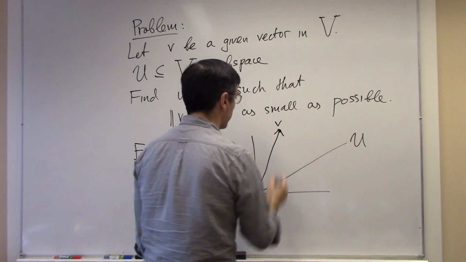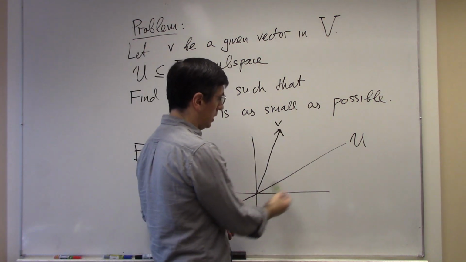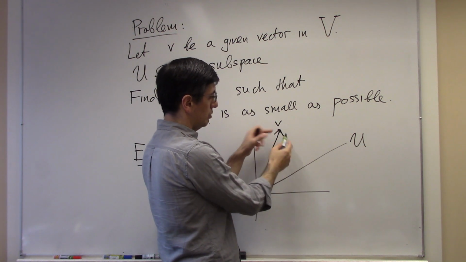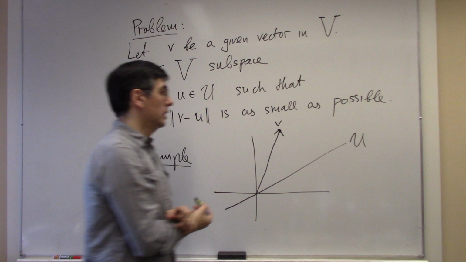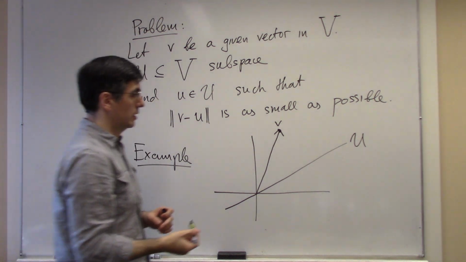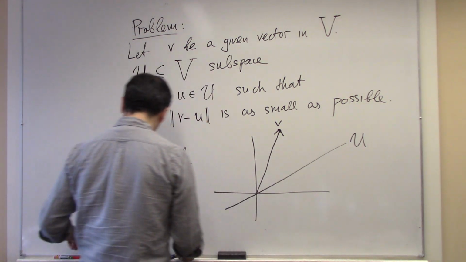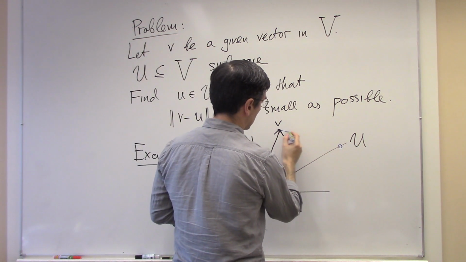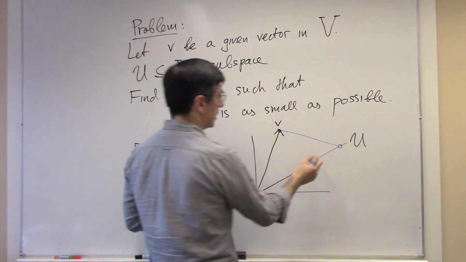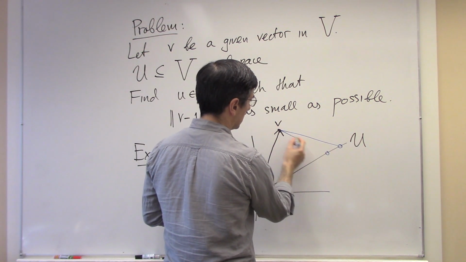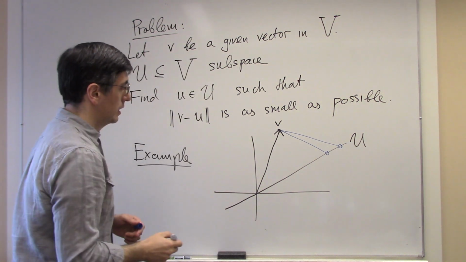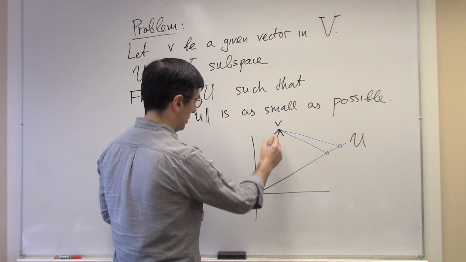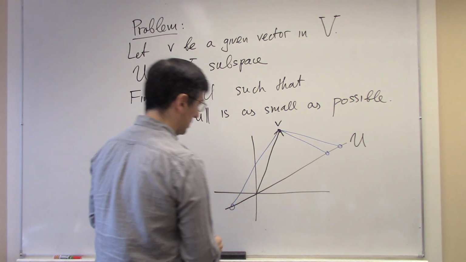So this is V. Now I want a point on this line such that the distance to V is as small as possible, right? So if you pick a random point, then the distance will be this. And if you pick this point, the distance will be this. And if you pick some point here, the distance is this distance.